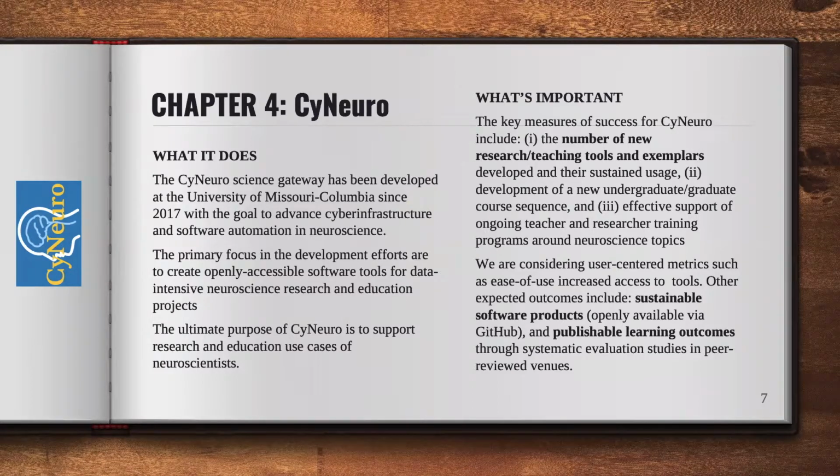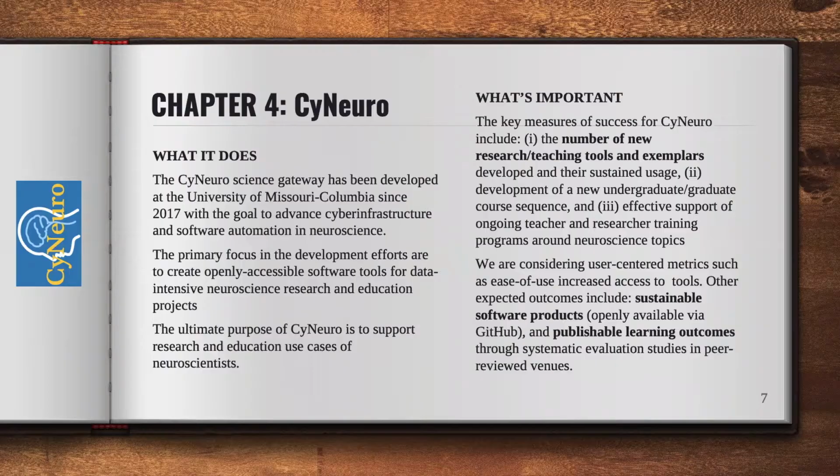And so kind of thinking carefully about what the goals are. So, you know, your gateways can do a lot of different things. For the compute heavy gateways, you're looking at number of users and maybe jobs run and resources consumed and things like that. And with some of the education gateways, there's some very different things that you're looking at.